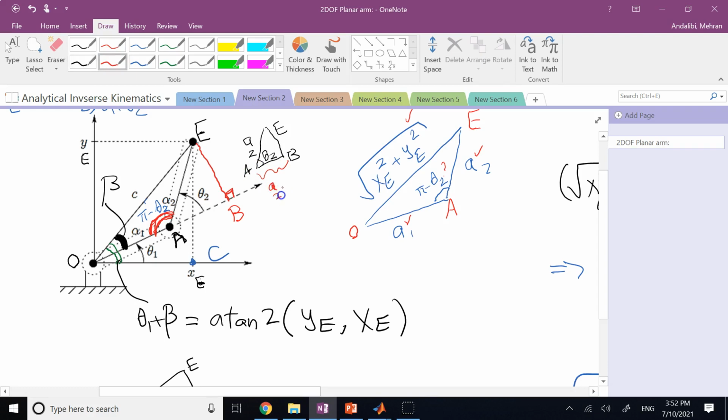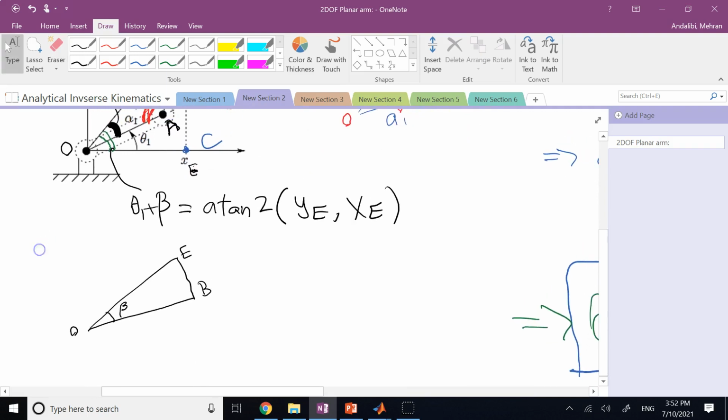A2 times cosine of theta 2, and the distance from E to D is A2 sine of theta 2, correct? So I can clearly find the length of EB, which I'm after, and I can also find the size of AB, which I also need. So EB here, this guy that I was looking after, this is A2 times sine of theta 2. Got that? Good.